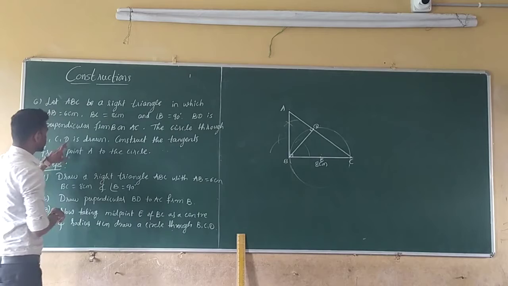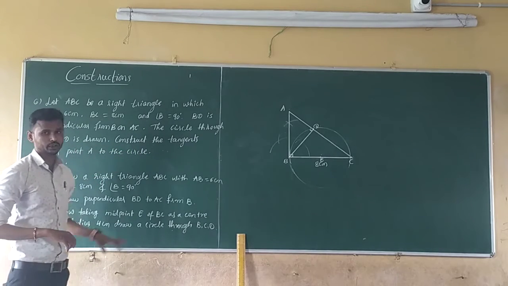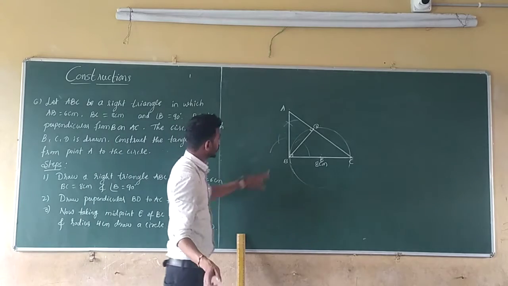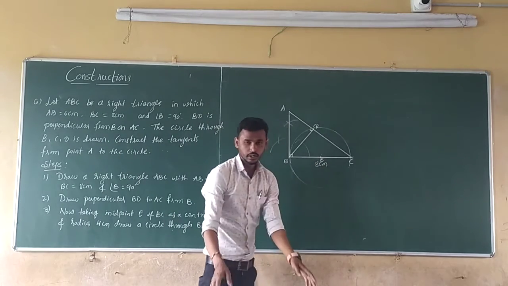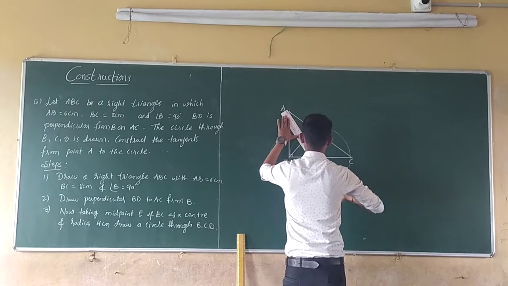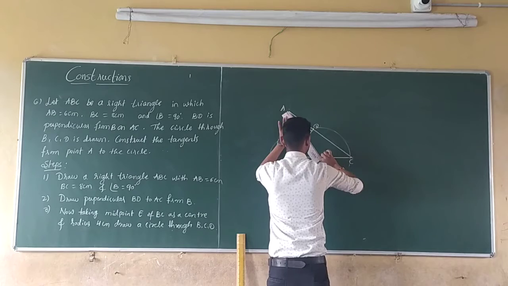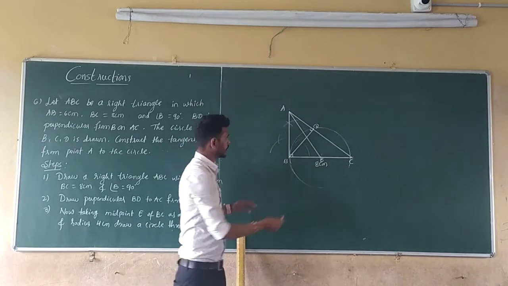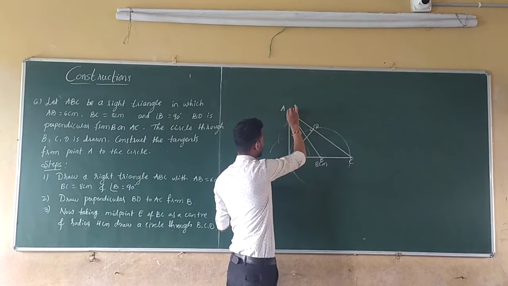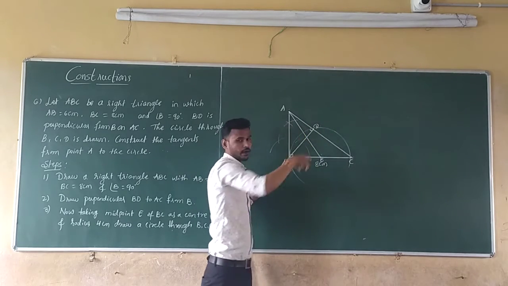Now what we need to do? Construct the tangents from point A to the circle. That means A is the external point and E is the center. First join AE and draw the perpendicular bisector of AE to intersect the given circle.